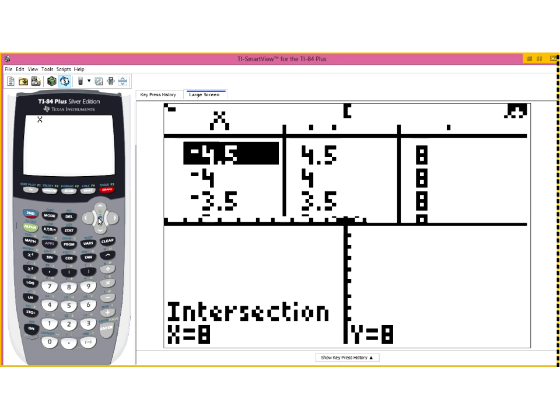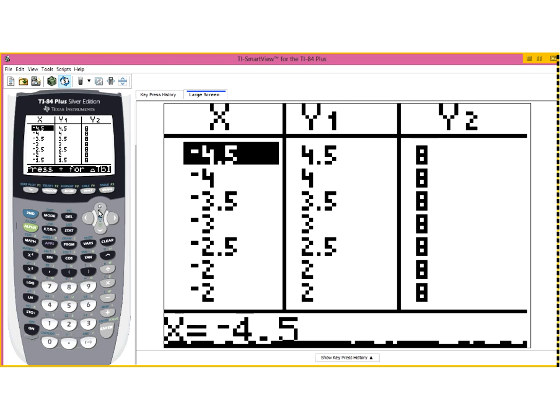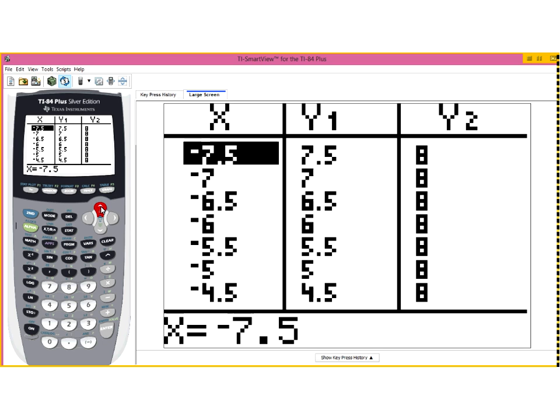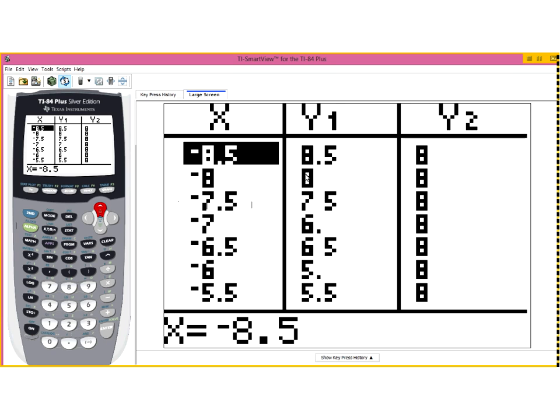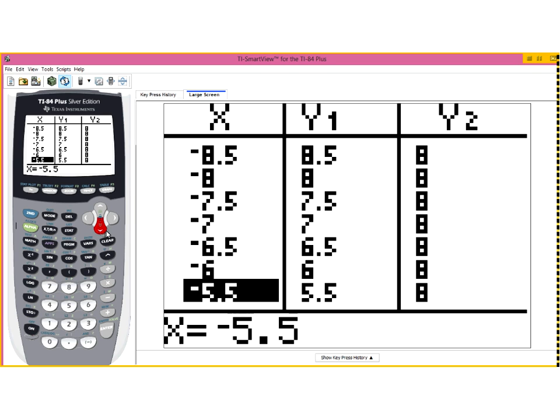If I go to the table, go down through, and you see y1 equals 8. And the corresponding x value is -8. And then we go the other direction.